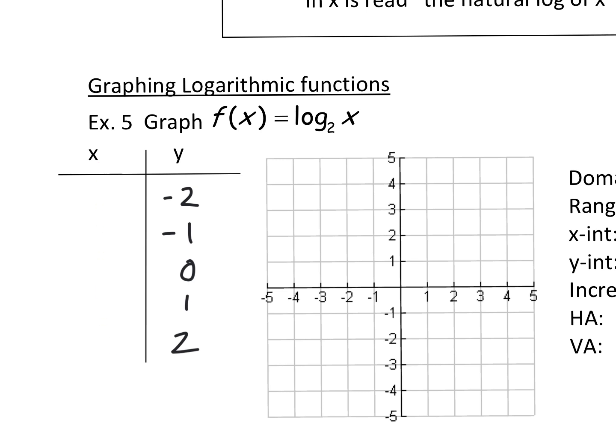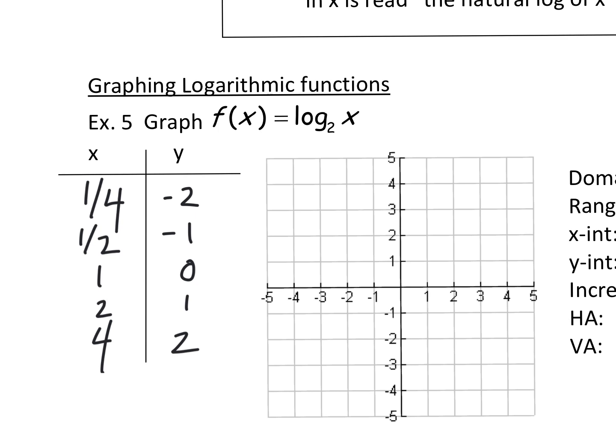That flips to 1 over 2 squared, which is 1/4. Then 2 to the negative first is 1/2, 2 to the 0 is 1, 2 to the first is 2, and 2 to the second is 4. This is the exact same input-output table as within our exponential functions, just with x's and y's interchanged. So let's go ahead and graph these.